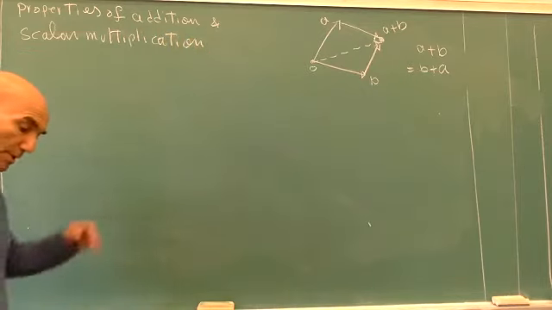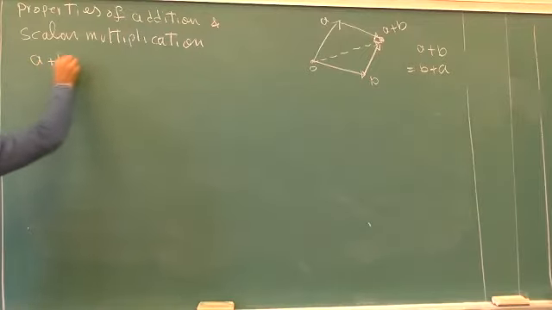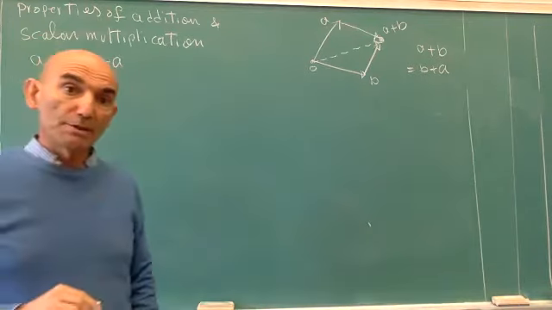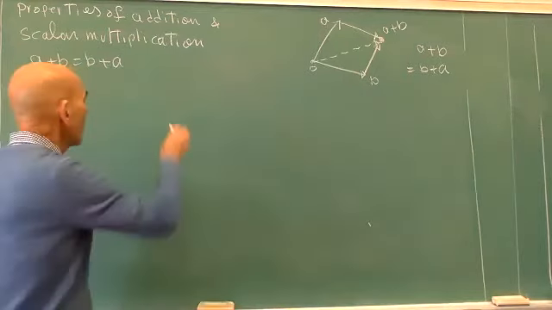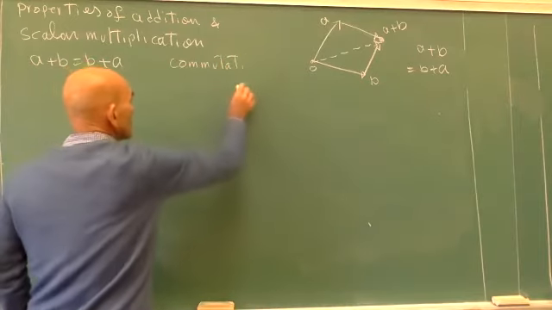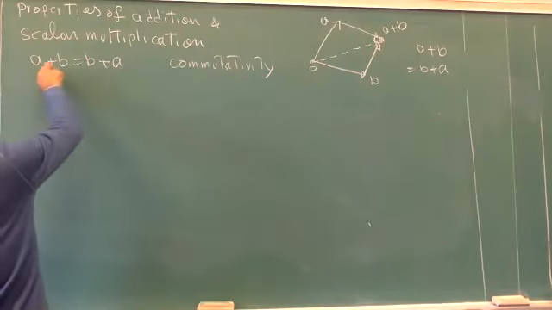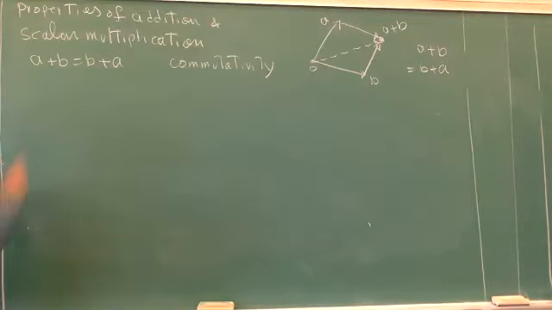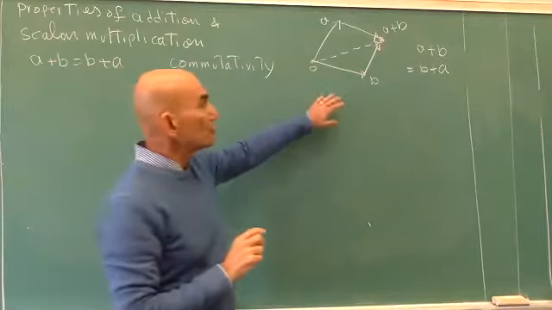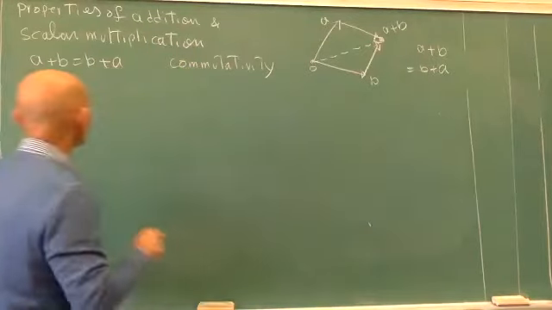I'm going to write here. One of them I just mentioned: A plus B equal to B plus A. This has a name, it's called commutativity, or the commutative property. Good to know this. If you add A to B, it's the same as B to A. This is not obvious, right? Because these are not numbers. We had to use some geometric arguments. But if you write it in terms of components, that becomes obvious.